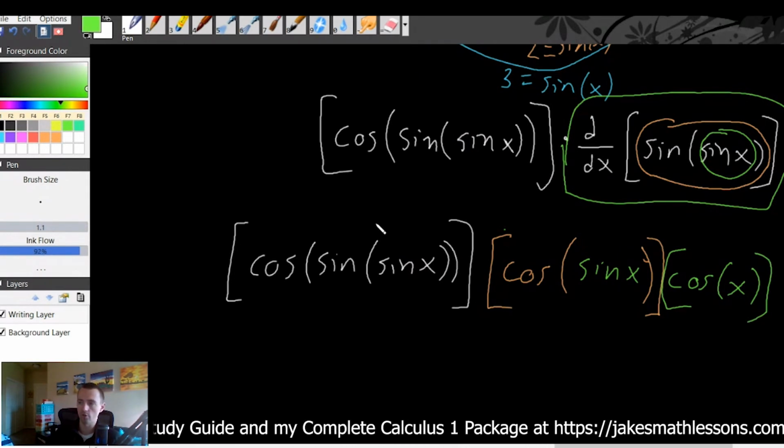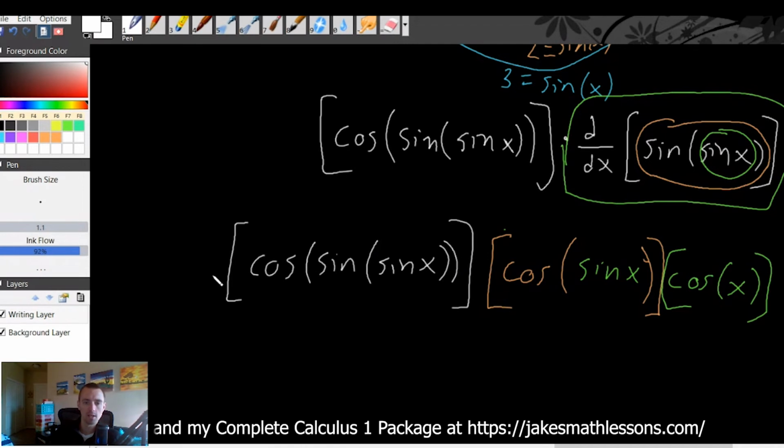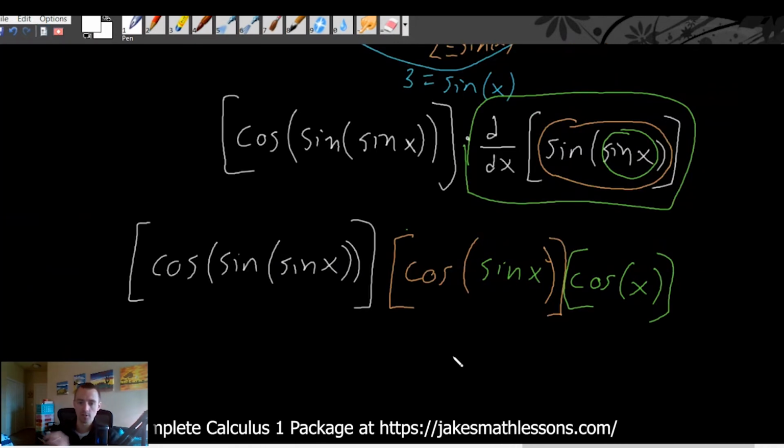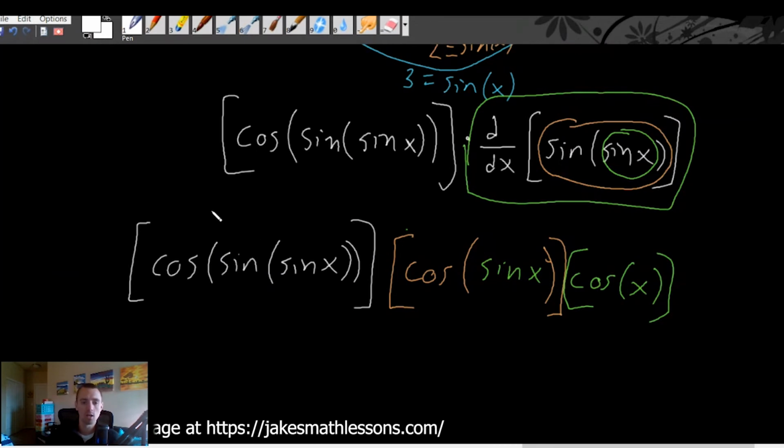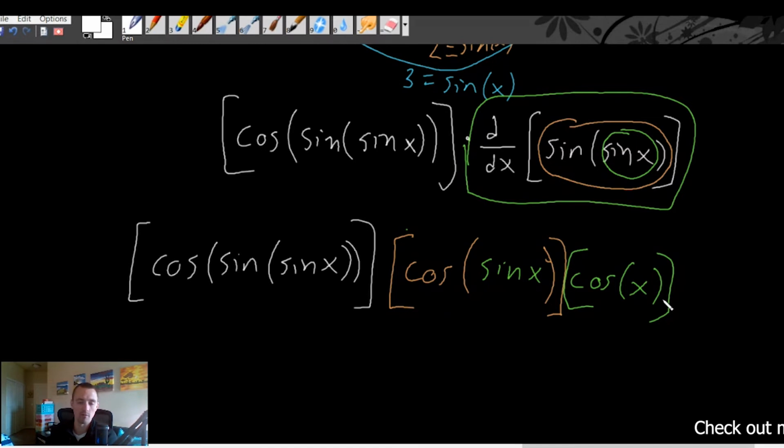So now the derivative of our original function is going to be these three separate pieces, which we get from each layer of working through the chain rule. So this is the derivative of our outermost function, leave the inner two alone, times the derivative of the inner two, which is the derivative of the middle, leave the innermost alone, and then times the derivative of the innermost.